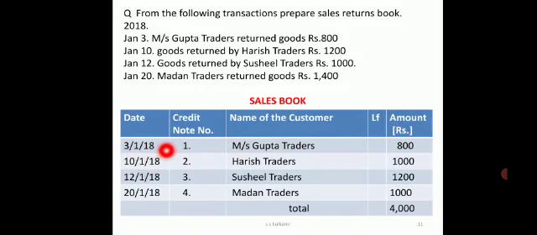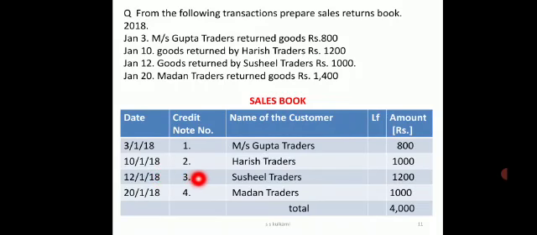Now on 3rd we have the first credit note issued to Gupta Traders, 800. Next on 10th you have goods returned by Harish Traders, so I will write in the date column 10/1, Harish Traders, 1000. Next on 12th I have goods returned by Sushil Traders, so I will write the date 12/1/18.